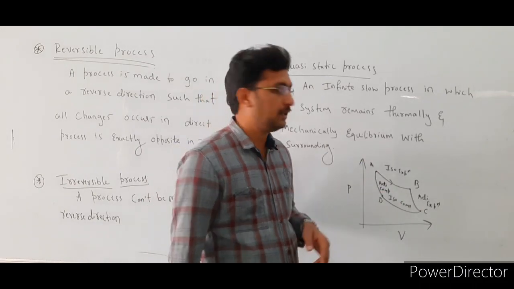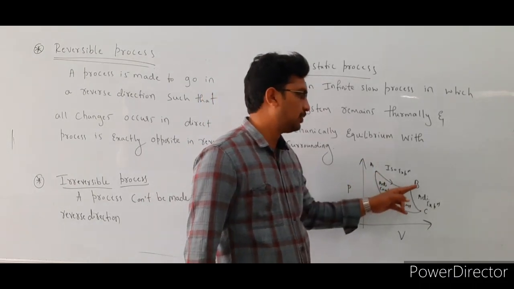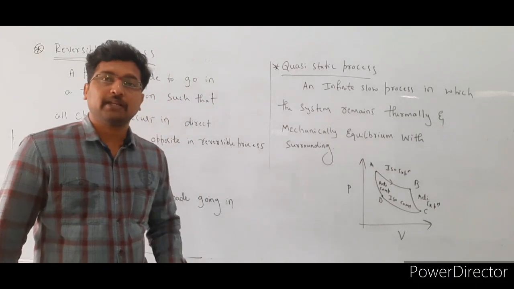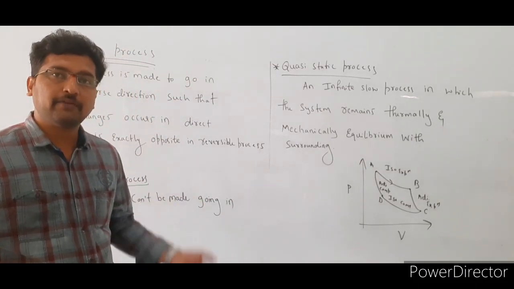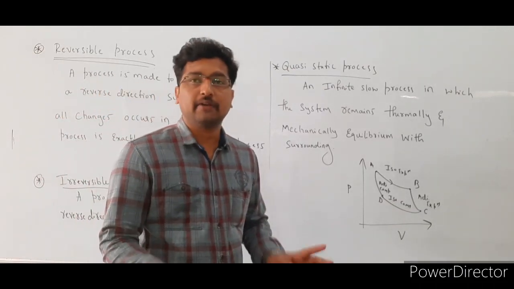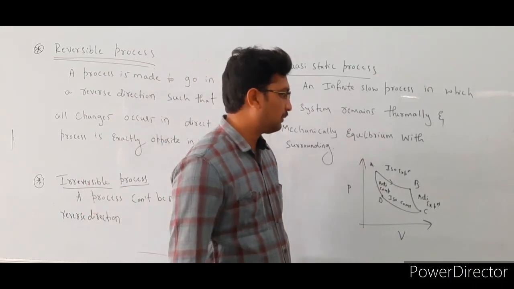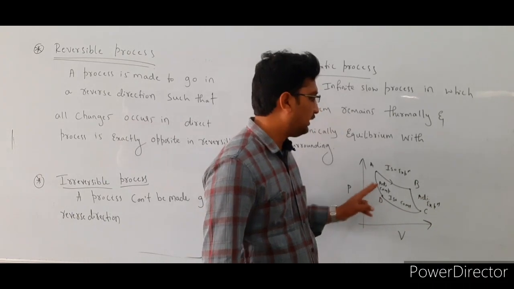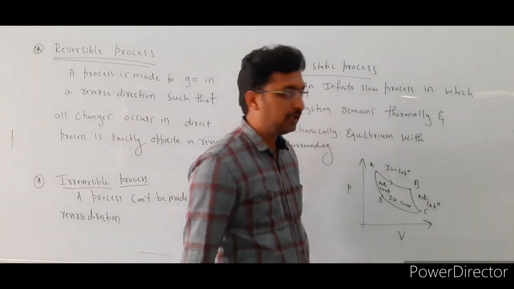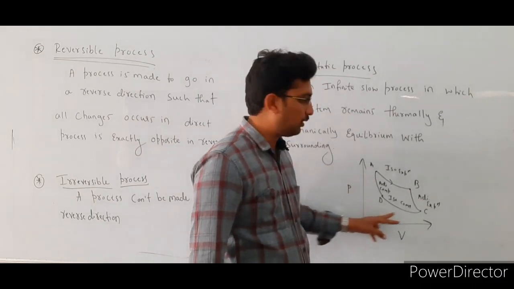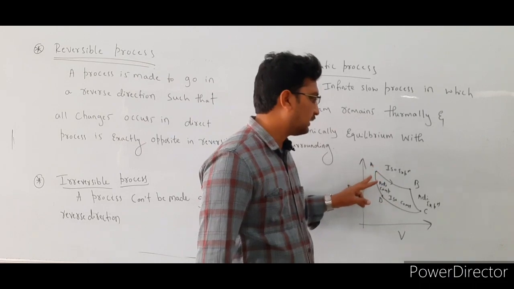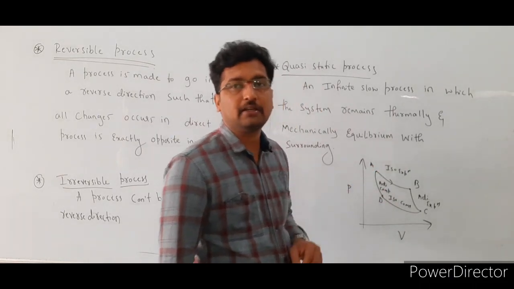A reversible process means a process is made to go in reverse direction such that all the changes in the direct process are exactly reversed. So we make this process go in reverse direction: it moves from A point to D point, D to C, C to B, and B to A. So it is exactly reverse.